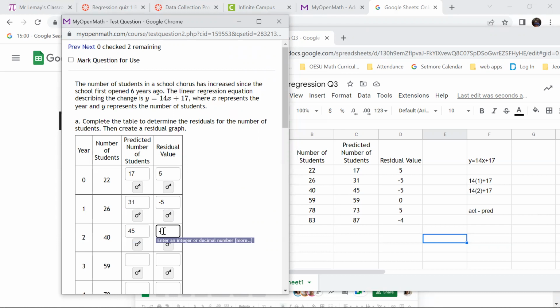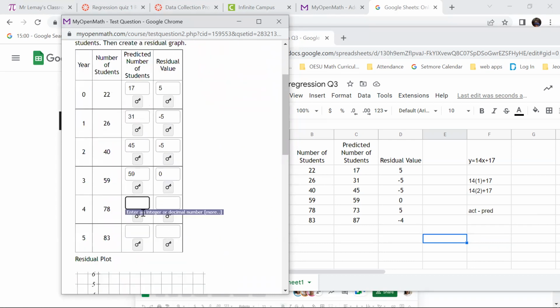That's also over-predicted by 5. And then 59, it's exactly 59. That's what the equation predicted, so that's a 0 residual. 78 predicts 73. So in year 4, the equation predicts 73, and that's a residual of 5, actual minus the predicted. And when it's year 5, the equation predicts 87, so that's 4 too high.